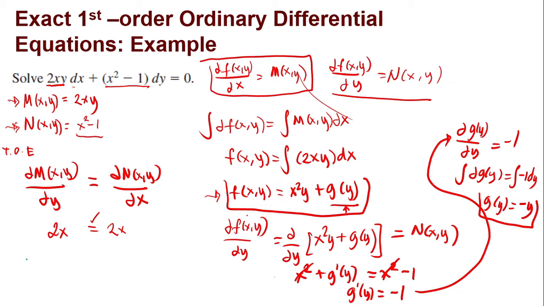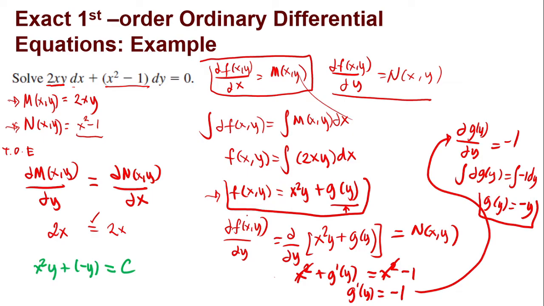So the solution now is x squared y plus our g of y, which is negative y, equals c, since we are doing integration. We add the constant of integration at the end of our solution.